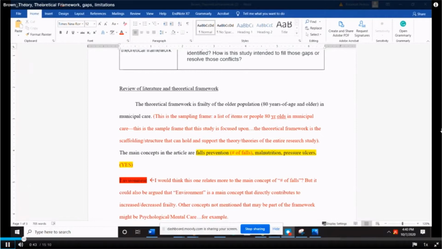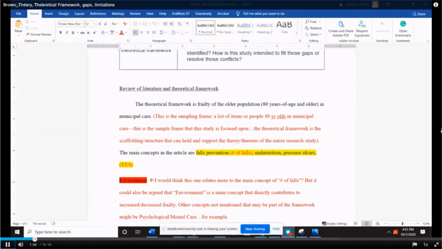The theoretical framework is the scaffolding or the structure that can hold and support the theory or theories of the entire research study. So you can think of the theoretical framework as kind of the coat hanger to the theory. It supports the theory. Or, in my other way of looking at it, it's like an umbrella.